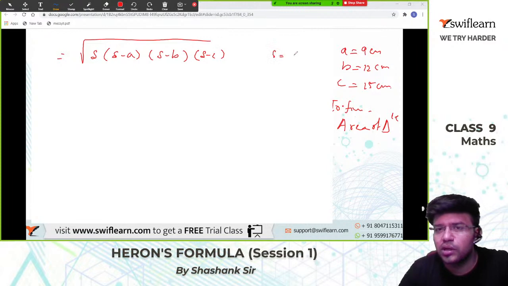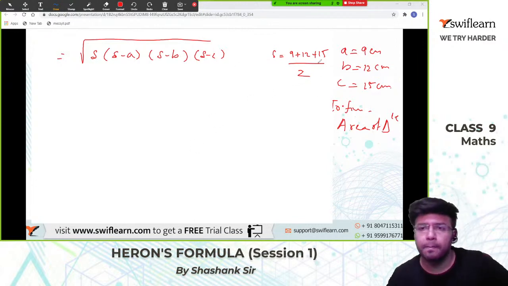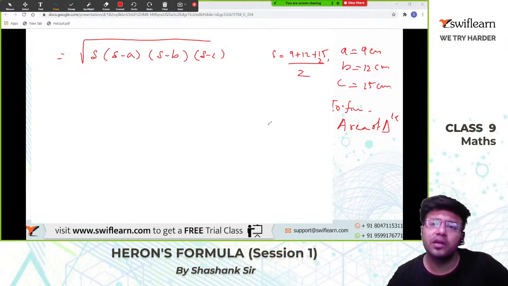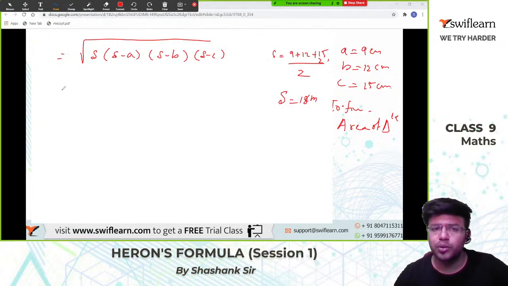S is equal to 9 plus 12 plus 15 divided by 2. 9 plus 12 is 21, and 21 plus 15 is 36. 36 divided by 2 is 18. 18 times 2 is 36. So S is 18 centimeter. Substitute in this formula.